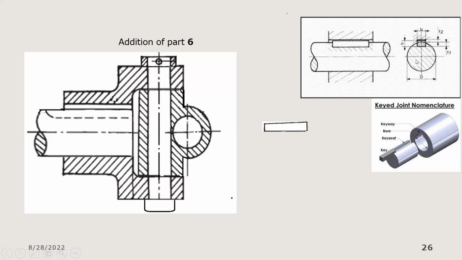But if it's across the axis, as is being shown here, then you can show the hatch lines or you can cut. But if it's along the axis, we do not show hatch lines. That's why there are no hatch lines shown here in part 1.